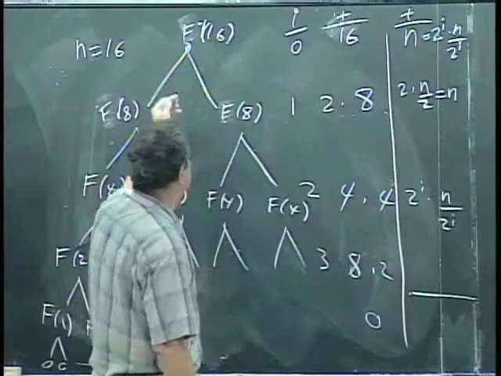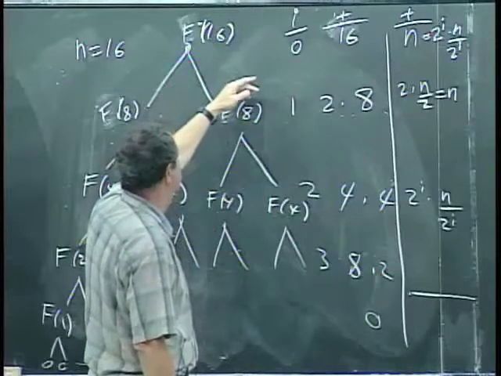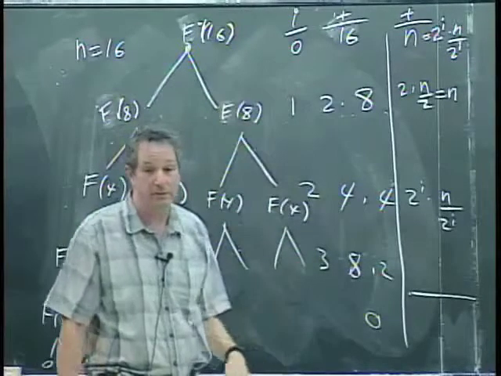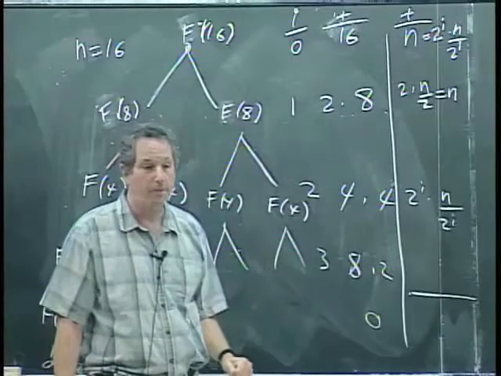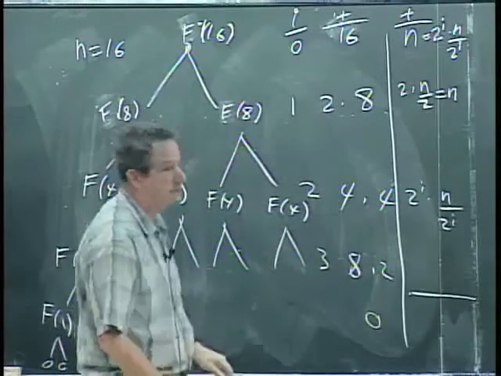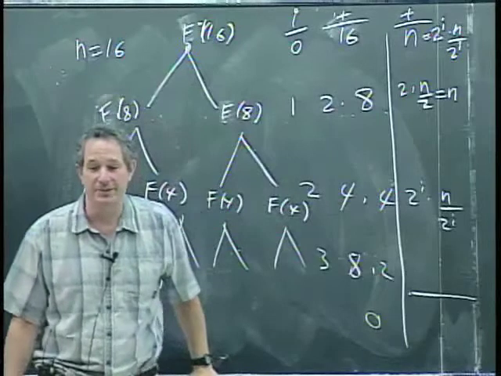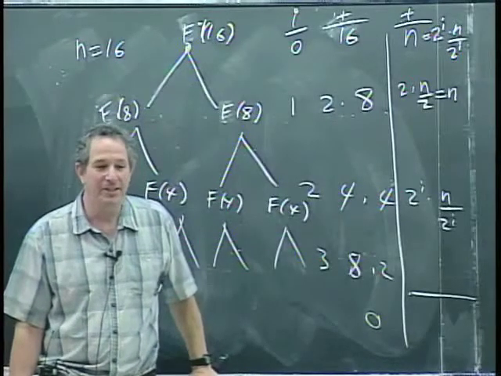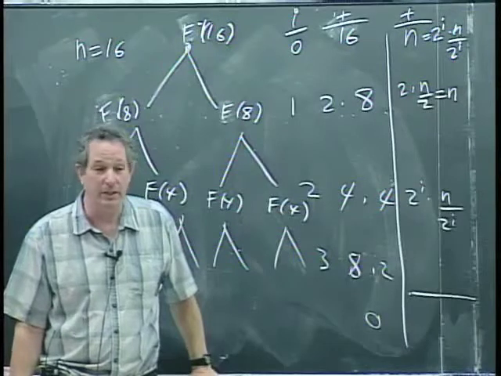Now, when n was 16, the number of levels was level 0 through level 3. That means there are 4 levels. What's the relationship of 4 to 16? Well, there are lots of them. 2 to the 4 equals 16.